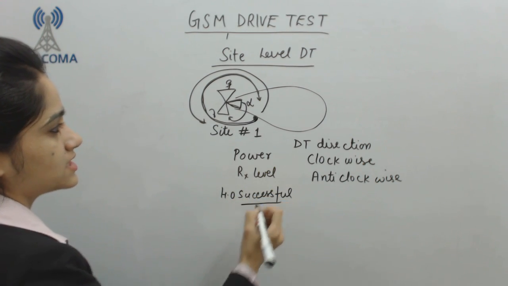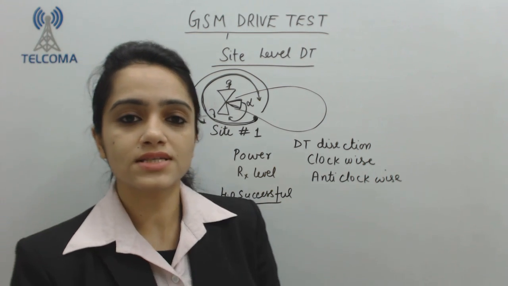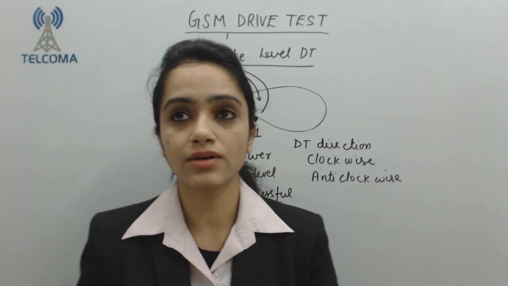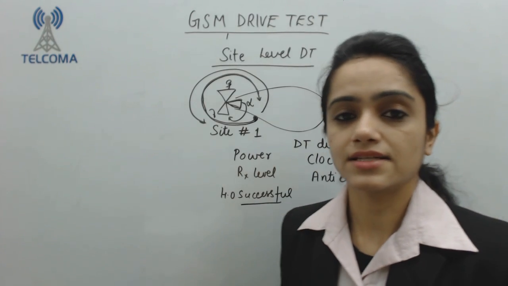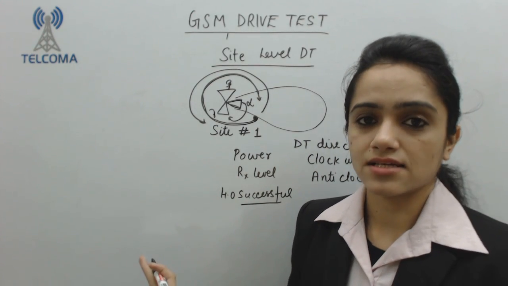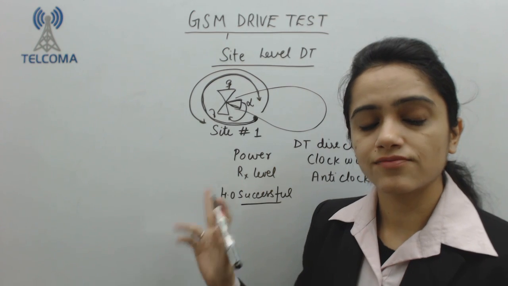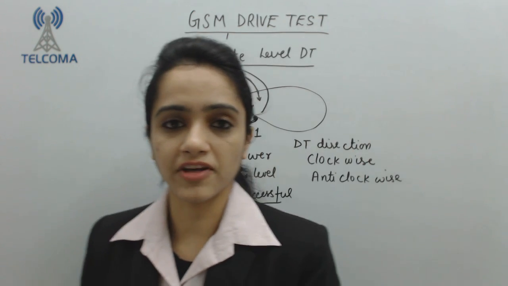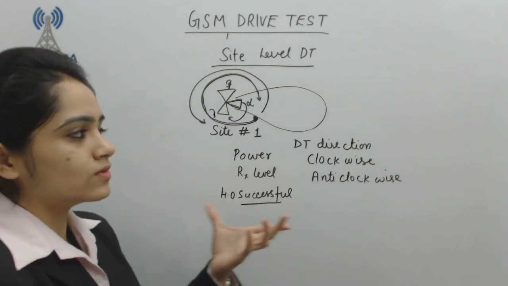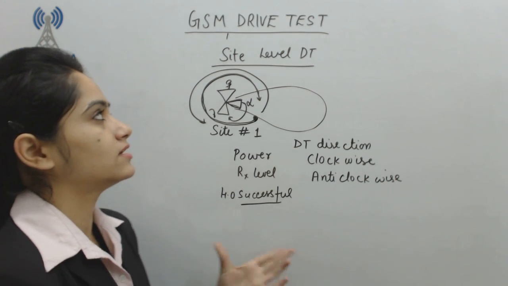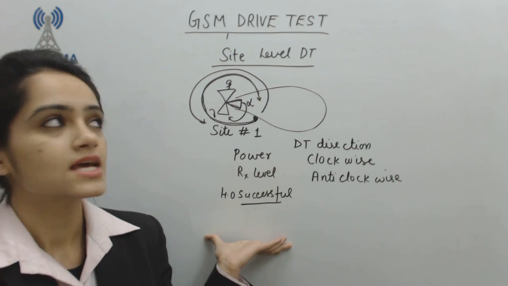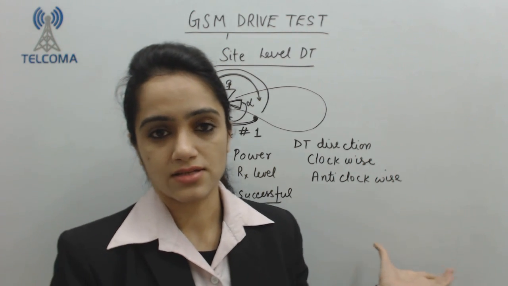These are parameters specifically related to a single site. Also we require to check the connections in the shelter room, whether the antennas are properly connected to the BTS and the feeder jumper wires are properly configured. So we are checking only a single site. This level of drive test is known as single site level drive test.